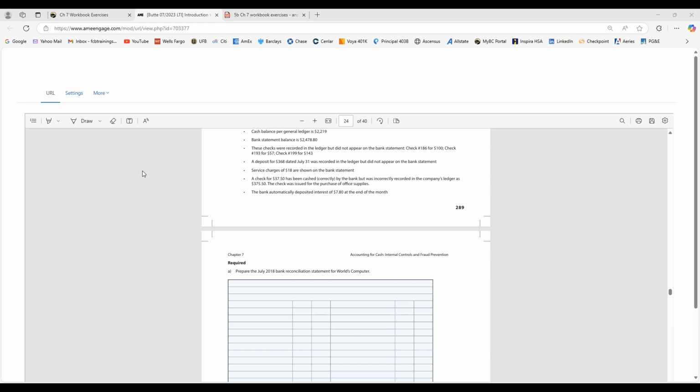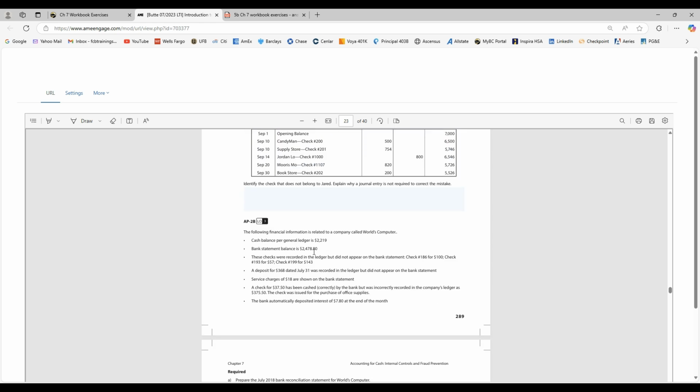So let's just fill out the first part here. We'll say World's Computer bank reconciliation, and July 31st, 2018.